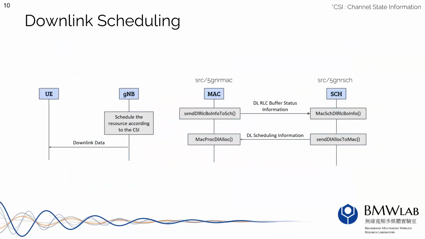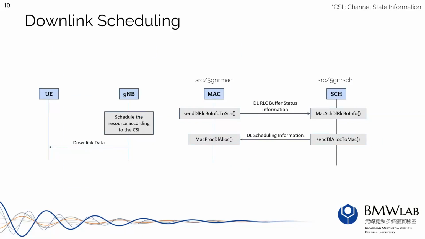Okay. And for the downlink scheduling, the gNB will allocate the resources for downlink according to the CSI, the channel state information of the UE, and then it will send the data to the UE directly.